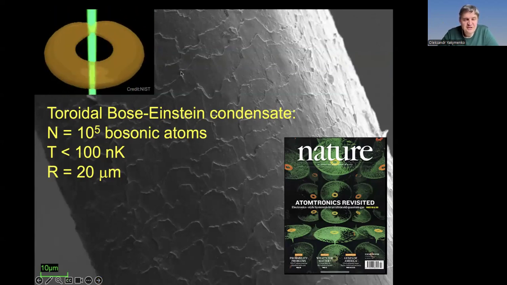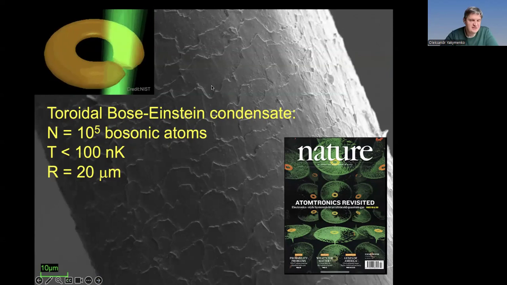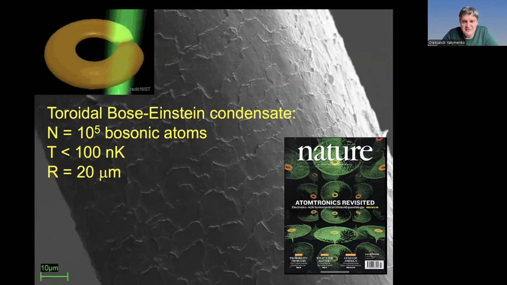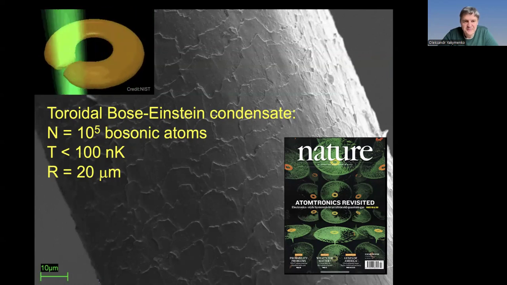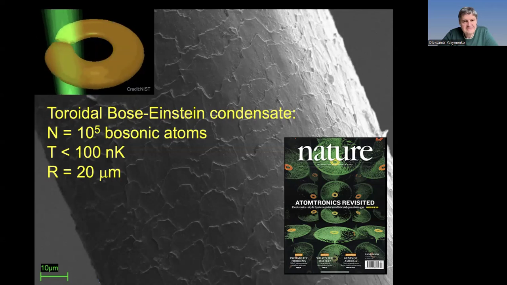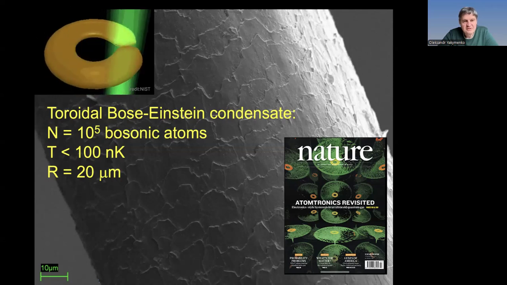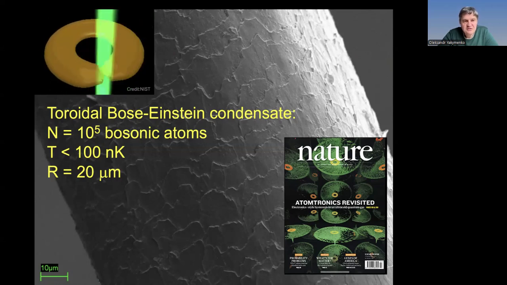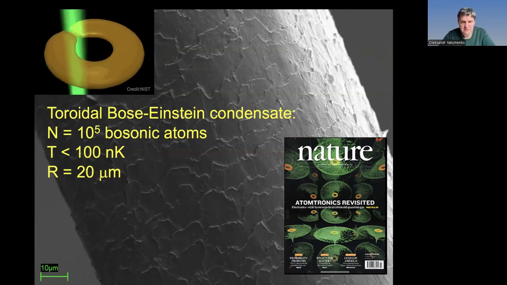I promised you to say something about the rotation sensor, and one of the examples is the experiment which realized a so-called atomic gyroscope, which means that you can measure the rotation frequency using this atomic circuit.